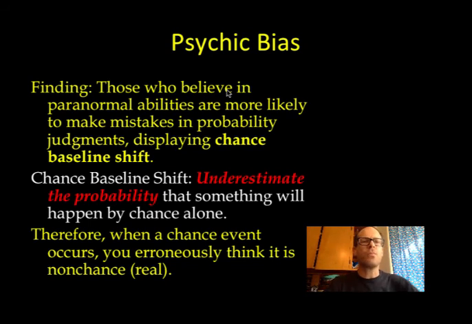Okay, now the book makes a lot of psychic bias, and the general idea here is people who tend to understand chance events and tend to have a better understanding of probability realize that you could have a death premonition and it could simply be the result of chance because you're dealing with such large numbers. Now, as an individual, when you have that experience, it's incredibly unsettling, and it can be very difficult to not have that impact your belief.